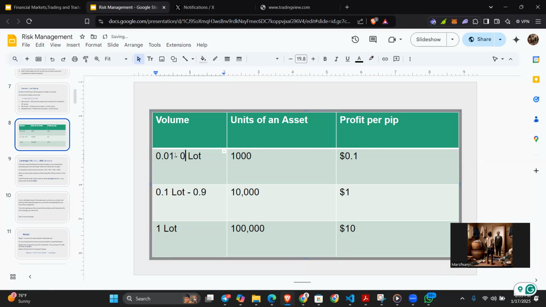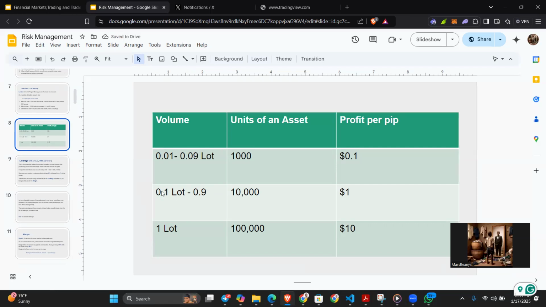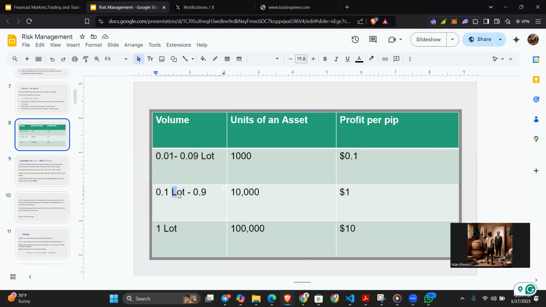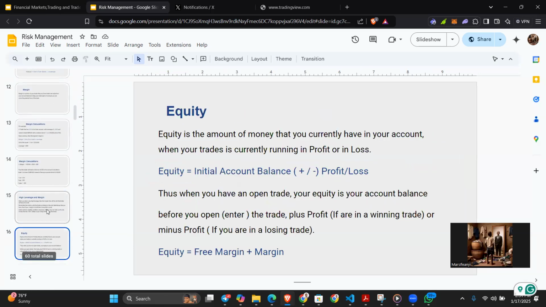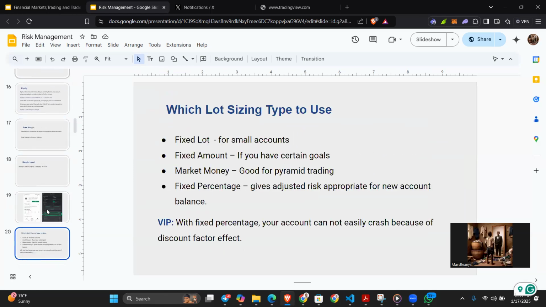So for a trader that has $10,000 and wants to risk 2% of his account, he'll be trading with a mini lot. He can't trade with a standard lot since he just wants to risk 2% of his account.